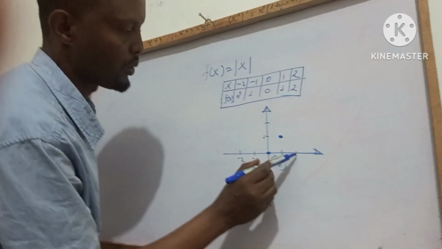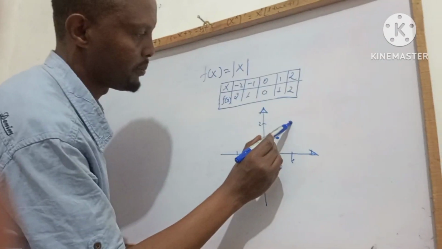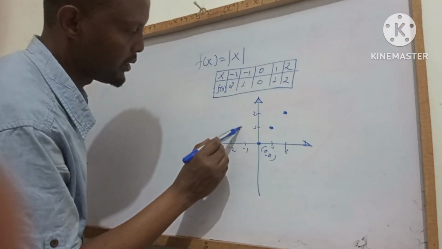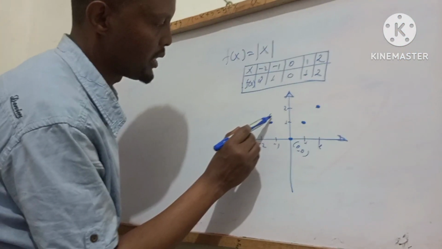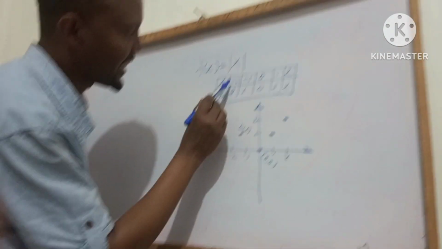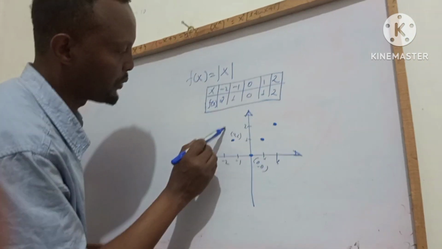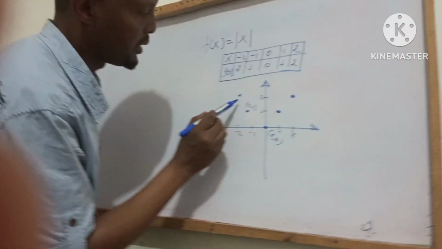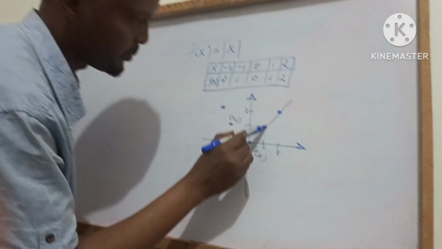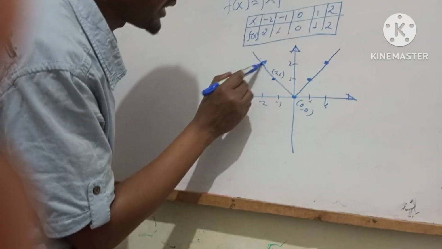When x is 2, y is also 2. And when x is negative 1, y is 1. This point is negative 1, 1. And when x is negative 2, we have 2 here. So we draw our graph like this.